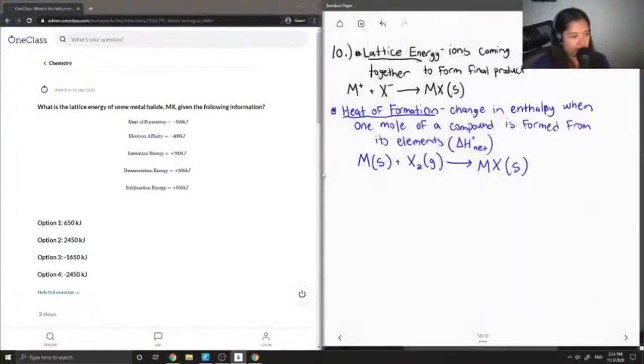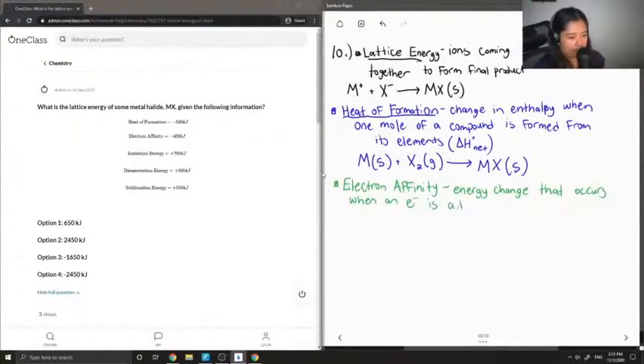Okay, so that's heat of formation. Electron affinity: the definition of this is the energy change that occurs when an electron is added.